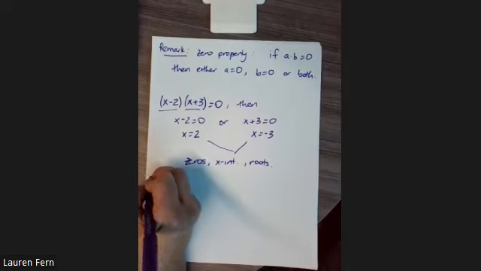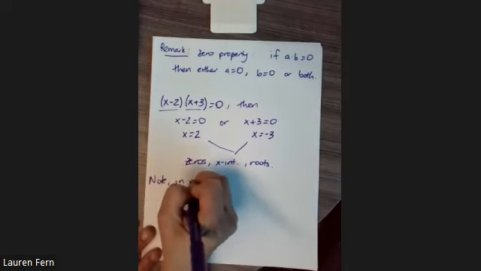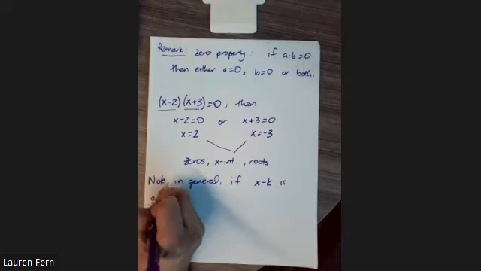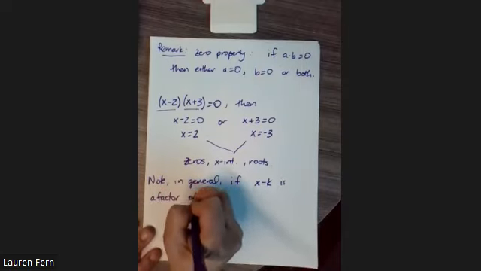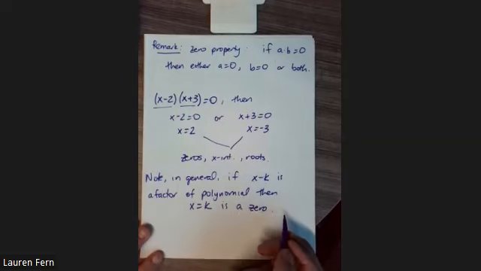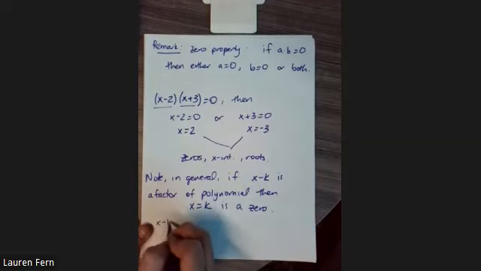And what I want you to note is that in general, if x minus k is a factor of a polynomial, then x equals k is a 0. Because if it's a factor, that means you're multiplying this by something else to get 0. And by setting this equal to 0 and solving for x, you get k.